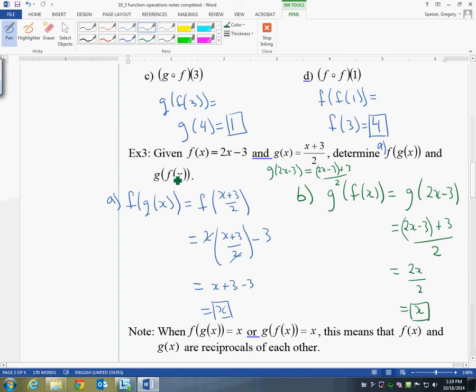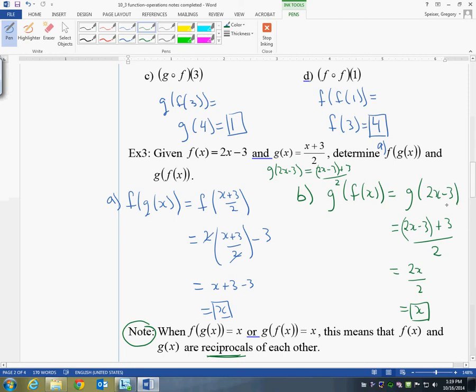Order does matter, and only sometimes are they equal. Look at the note down here. When this happens, if you switch the order and still get the same answer, then we say that they are inverses of each other. So 2x minus 3 and (x plus 3) over 2 are inverses of each other. Remember, inverses are when you change the x and the y value.